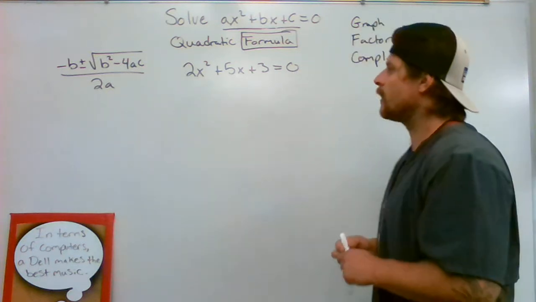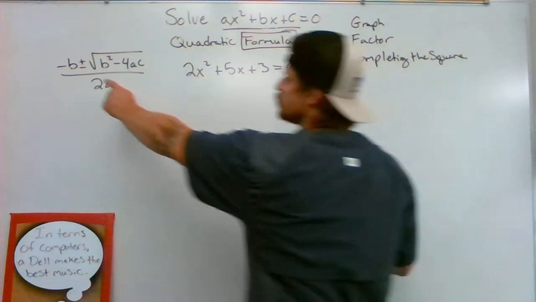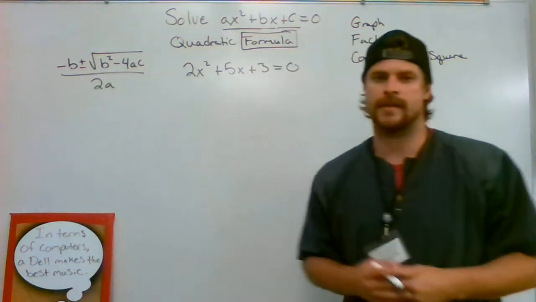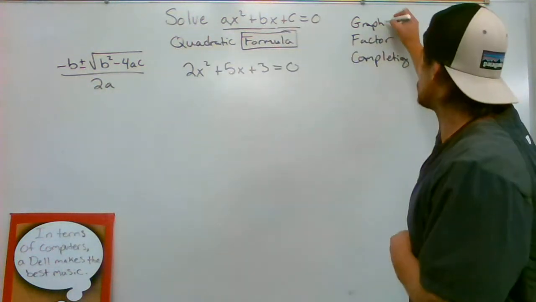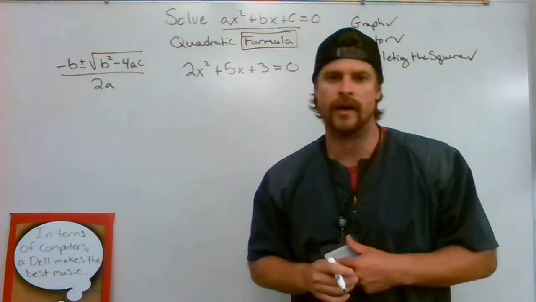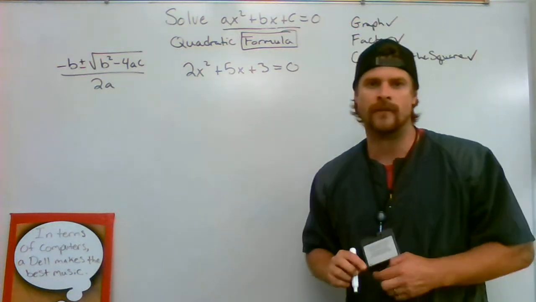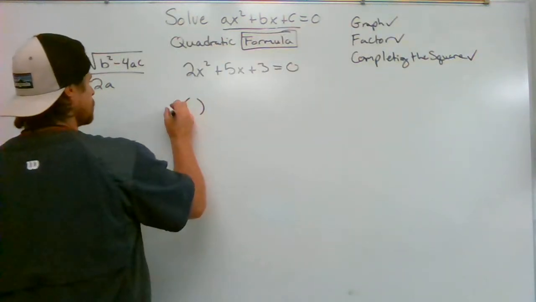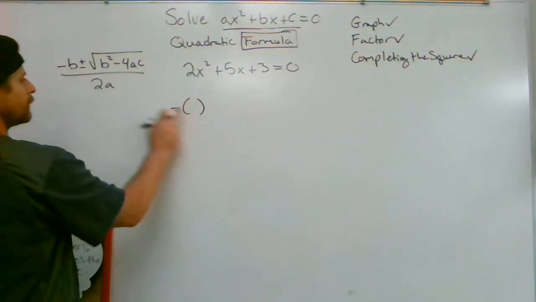All right? Now, how do I use it? I just take each variable and I replace it with parentheses. Okay, so congratulations on graphing, congratulations on factoring, congratulations on completing the square. Let's learn our last and final way to solve a quadratic. Here we go. I'm going to say parentheses with a negative before it because it's a negative b.